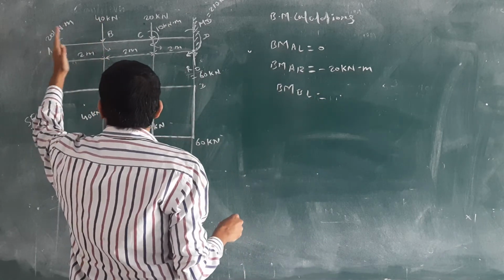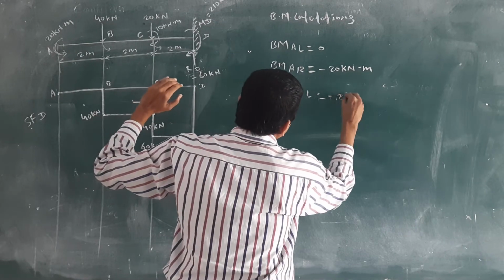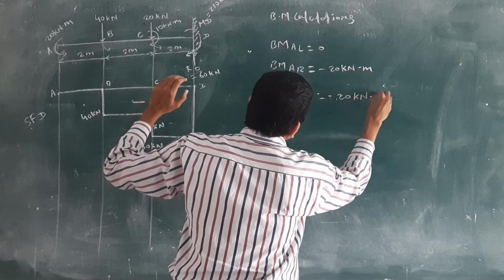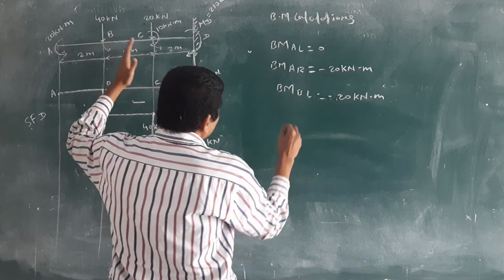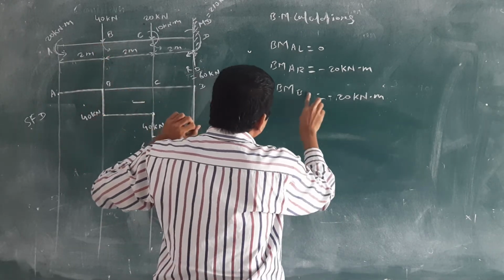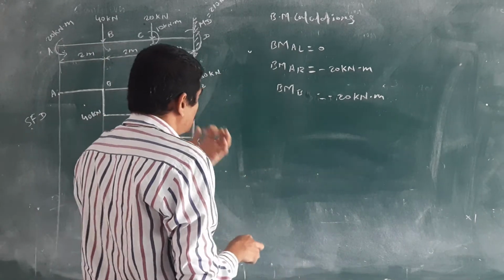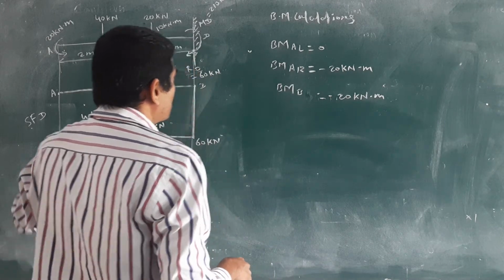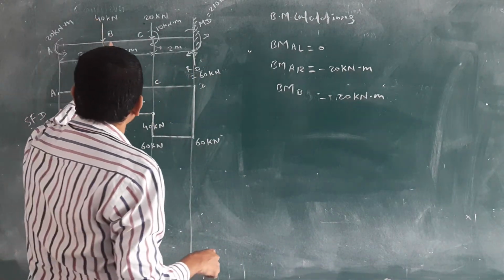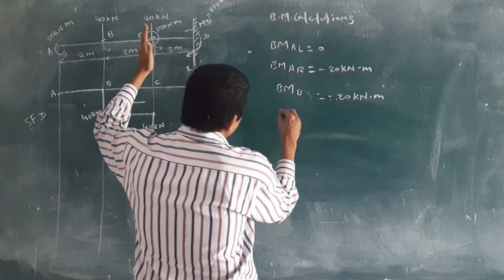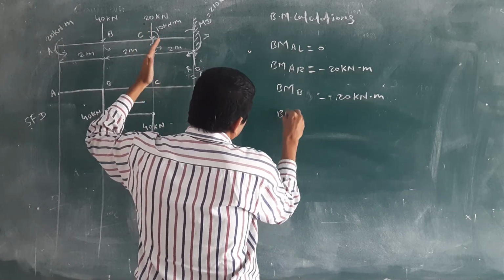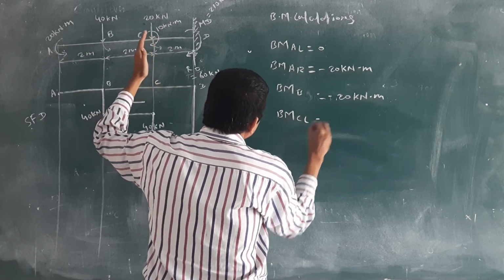There is no load, that's why you will get the same answer, minus 20 kilonewton meter. At point B, not left and right, because there is no moment. Then bending moment at C, there is a moment. Again you will get 2 points, left and right.